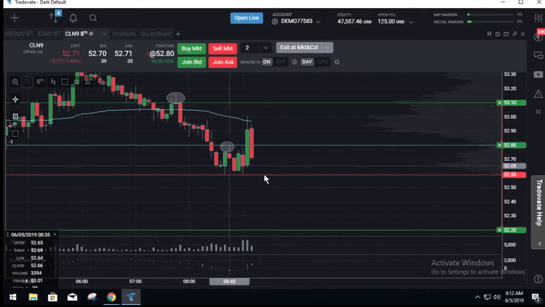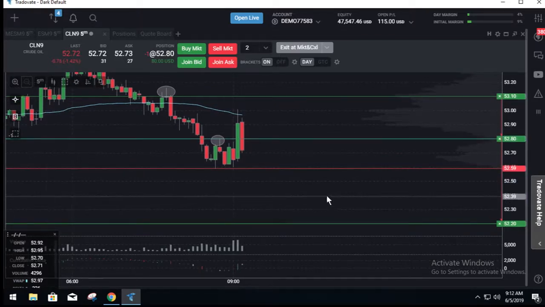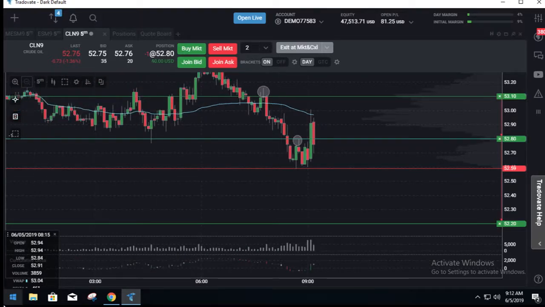So we have one single running now. Took 9 points of loss on the trailing stop. If we get the break, you're looking to be a 1-to-1 trader. 50 to 50 is your exit.